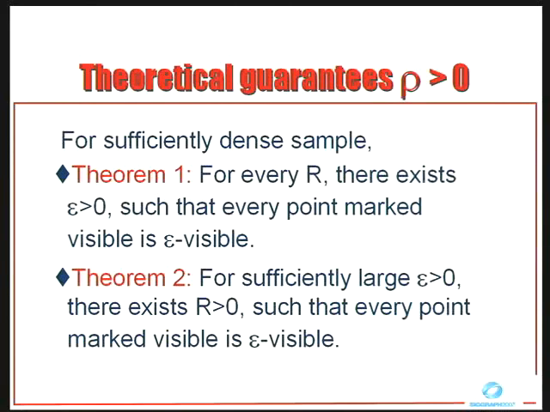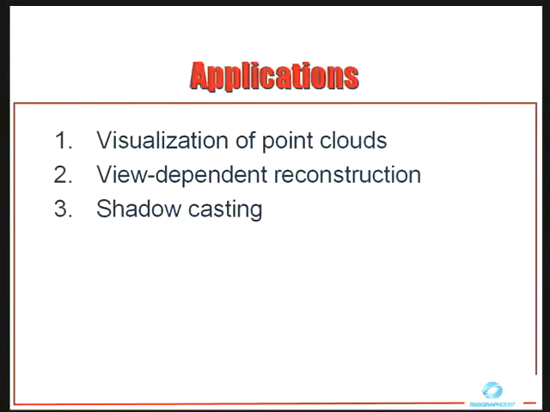And it turns out that as rho becomes smaller, that is, our point set becomes denser, then a smaller epsilon can be obtained. So this is the first part of my talk where I discussed the operator.